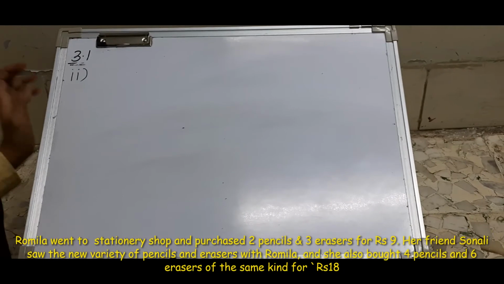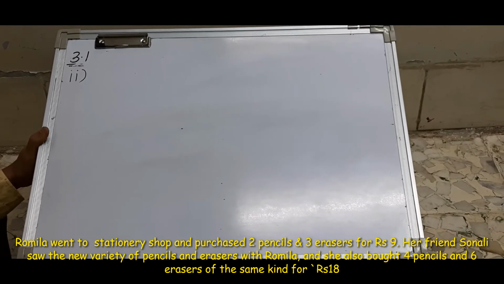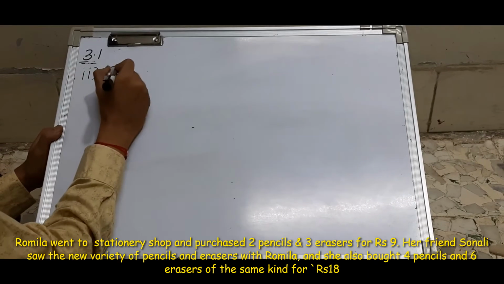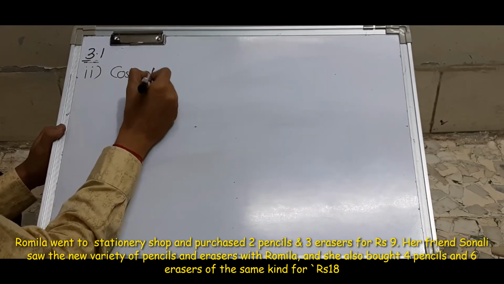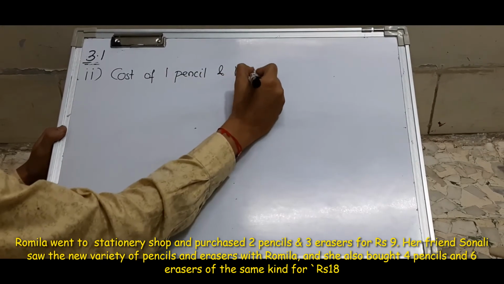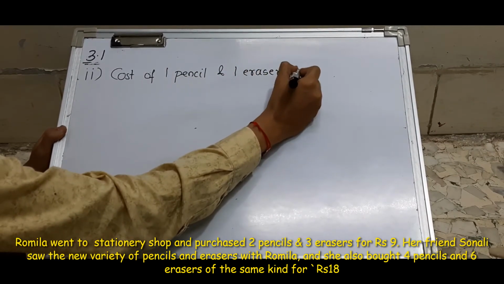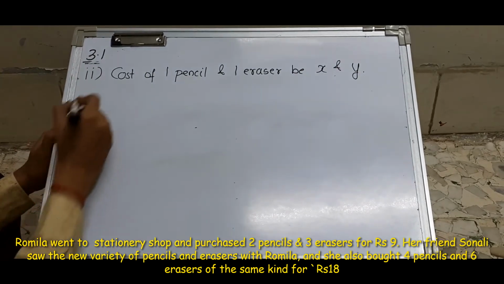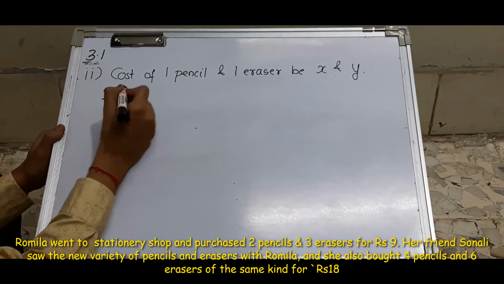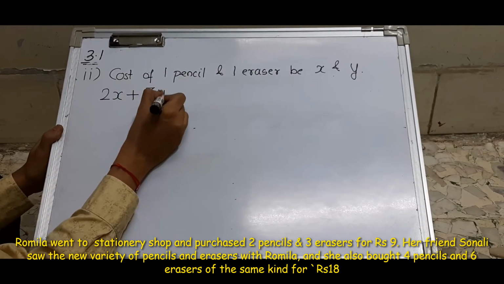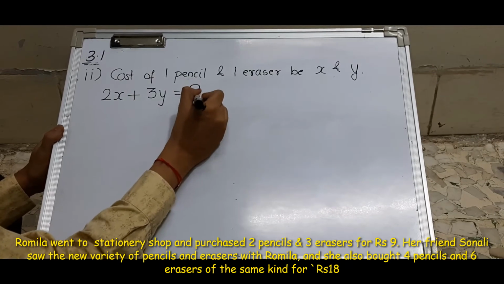The second one: Romila went to a stationery shop and purchased 2 pencils and 3 erasers. So I'll say let the cost of 1 pencil and 1 eraser be x and y. Initially she purchased 2 pencils plus 3 erasers for a total cost of rupees 9.